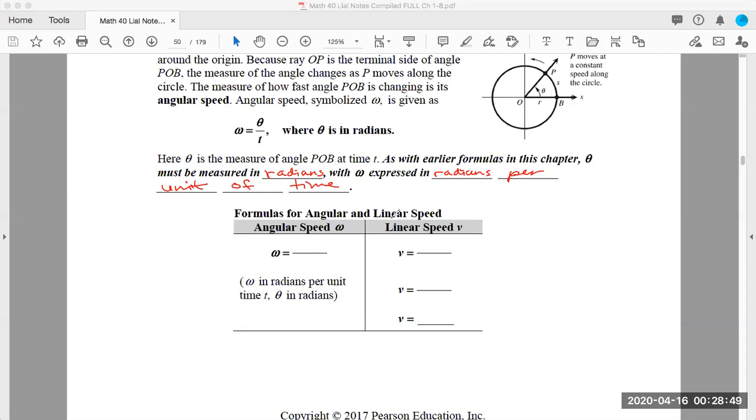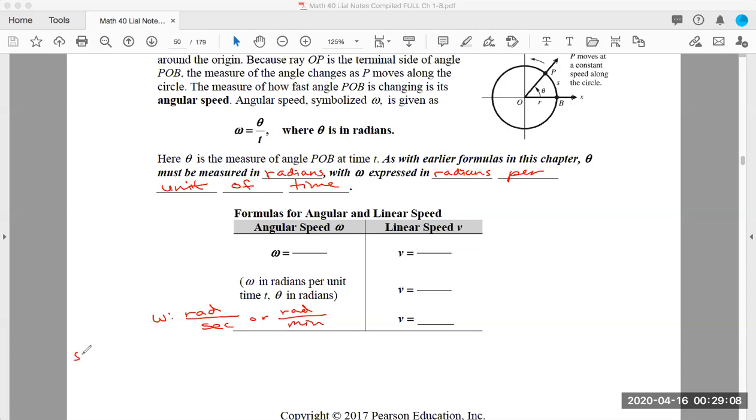So omega would be in radians per second, for example, or radians per minute.